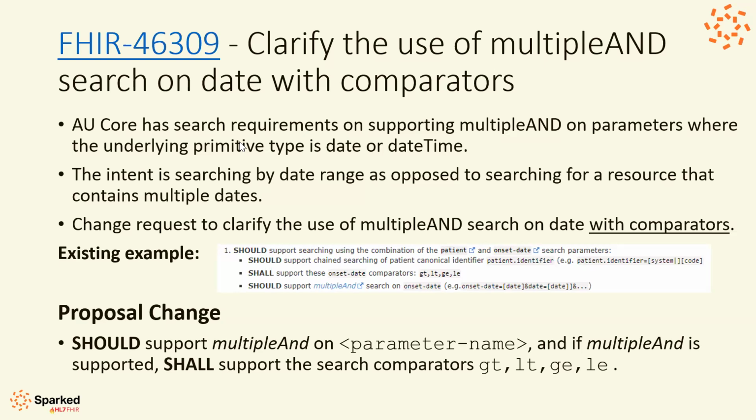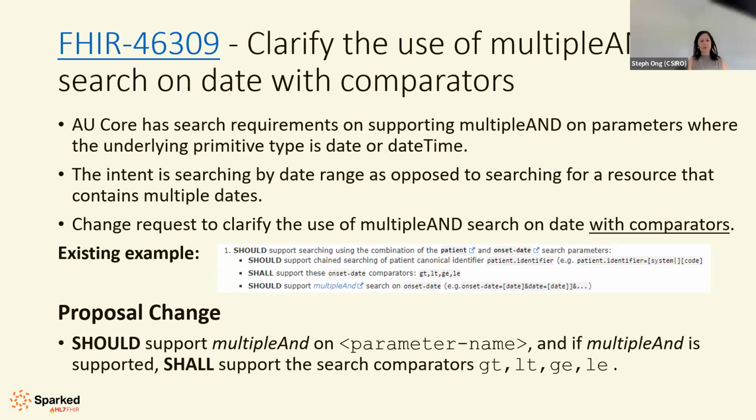And I believe the intention of this requirement is to, you'll have to forgive me here, idiot proof slightly, to indicate that if you are doing multiple and, you have to be using comparators, because it isn't actually feasible to search for something just using multiple and without the comparators. Would that be a reasonable phrasing, Steph?